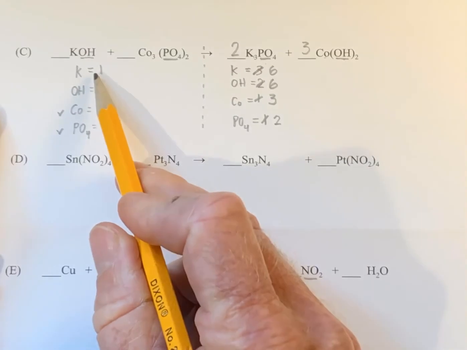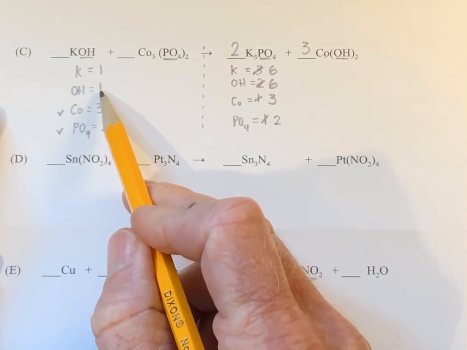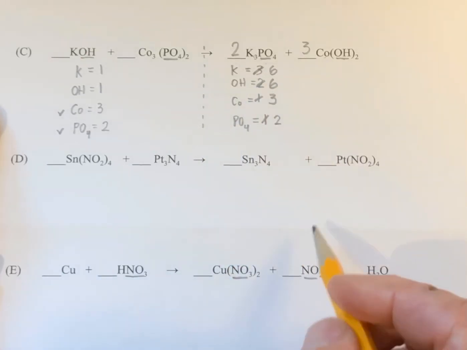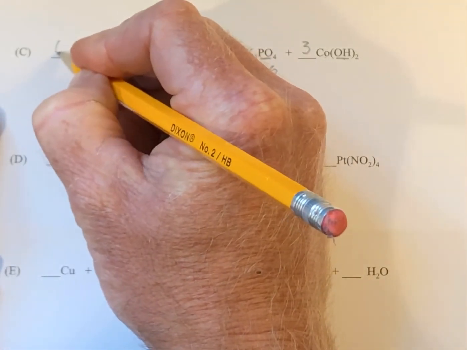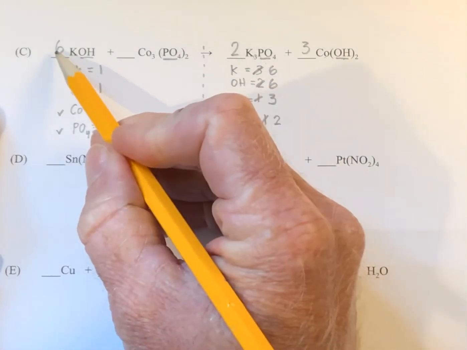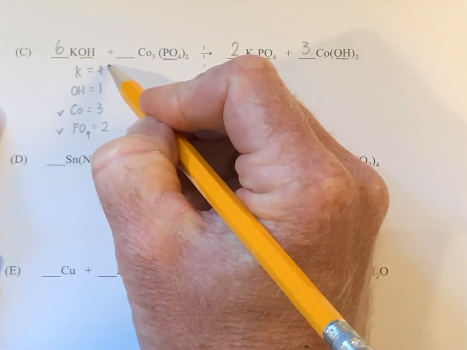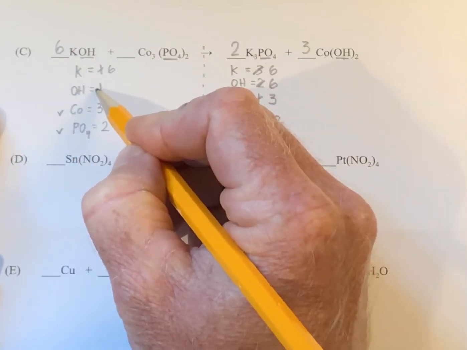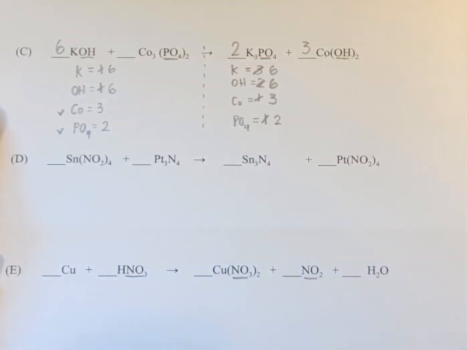To balance the potassium and hydroxide with the 6 on the product side, I can put the coefficient 6 in front of the potassium hydroxide. That changes my potassium number from 1 to 6. It also distributes to the hydroxide ion, giving me a total of 6 hydroxide ions.